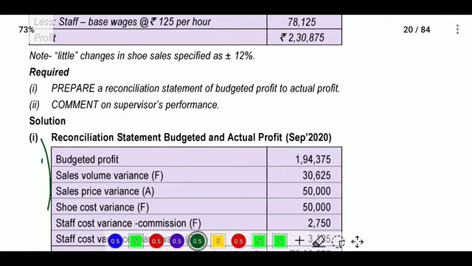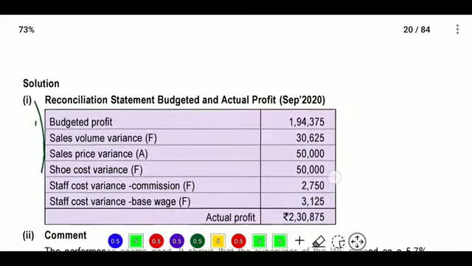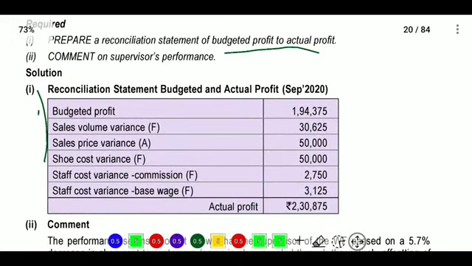Prepare a reconciliation statement of budgeted profit to actual profit, with comment on supervisor performance. So when you are taking the reconciliation statement of budgeted and actual profits, firstly we need to take the budgeted profit.